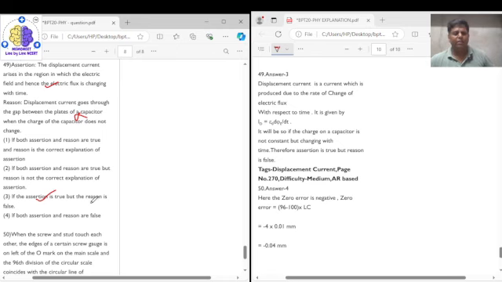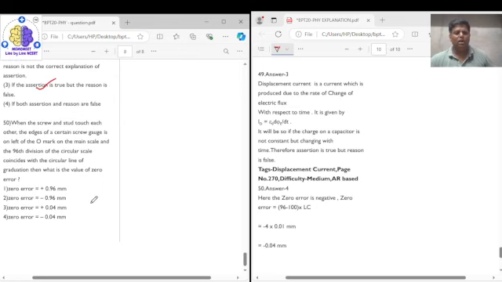Then comes question number 50, that when the screw and the stud touch each other, the edge of the circular scale of a certain screw gauge is to the left of the 0 mark of the main scale, and the 96th division of the circular scale coincides with the reference line. Then what is the value of zero error?